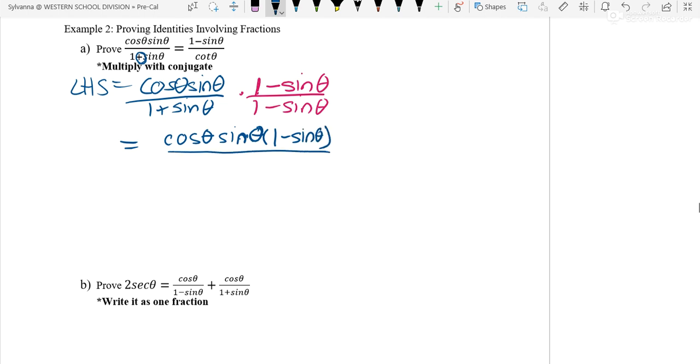And if I expanded the bottom, because it's 1 plus sine theta times 1 minus sine theta, that's 1 minus sine squared theta. And that is what I will get if I start simplifying the bottom there. Okay, well, I know that 1 minus sine squared theta, if you looked at the previous page in our identities, that's the same thing as saying cos squared theta.